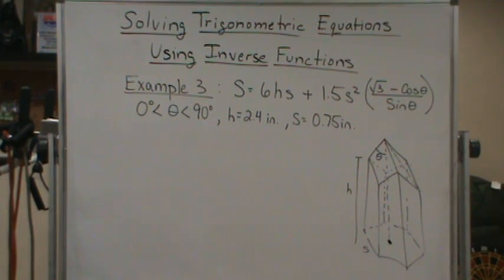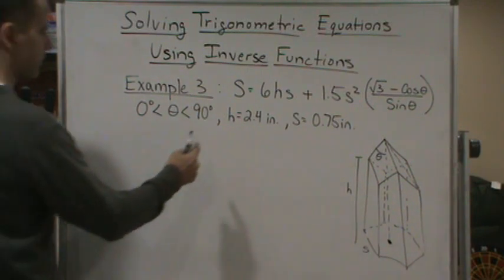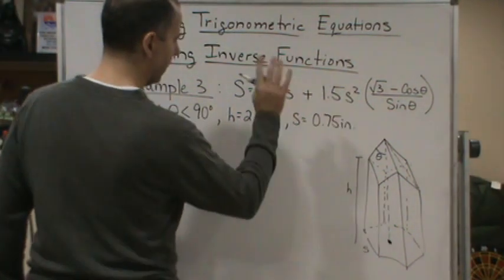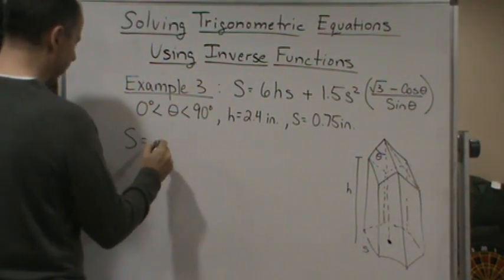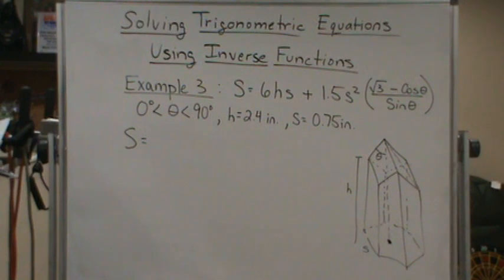okay? So the first thing we're going to do is plug these values into this formula and simplify it as much as possible. So when you do that, we get the following. And again, put this in your calculator and verify it.